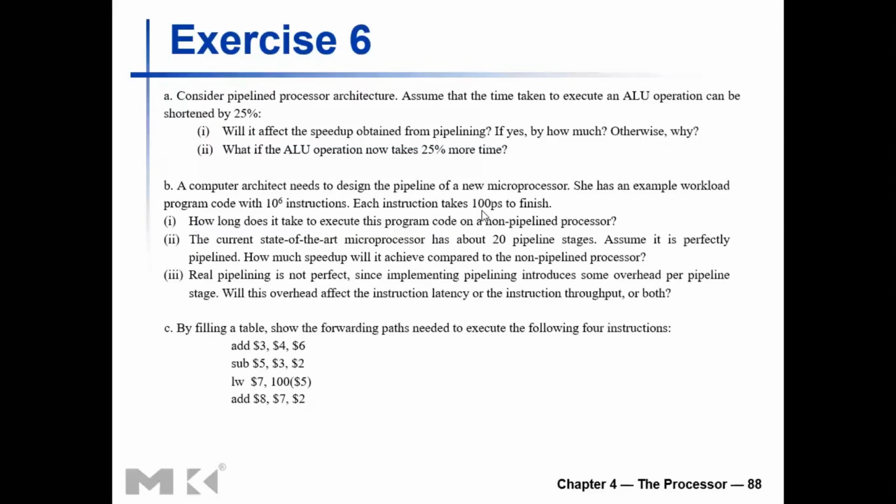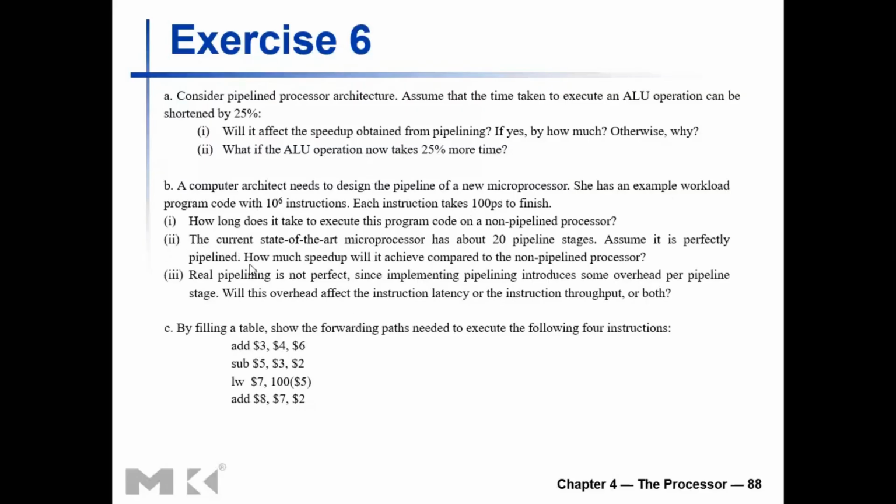So it's probably more like a single cycle CPU. So how long does it take to execute this program? Right, 0.1 second. That is 10 million times 100 picoseconds. So you have to spend that much time, 100 picoseconds for each of these 10 million instructions. So that is correct.